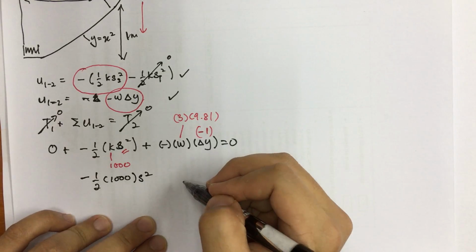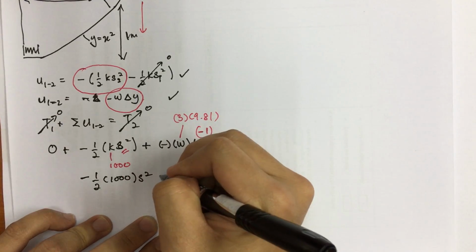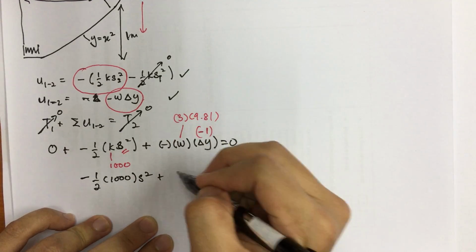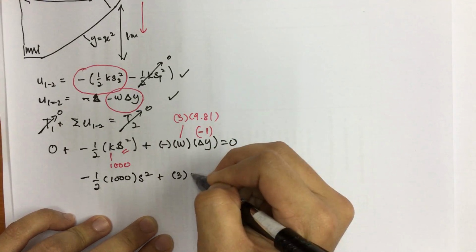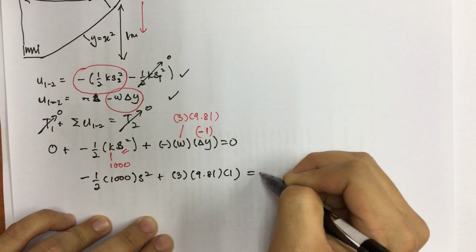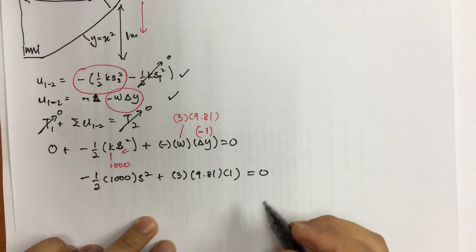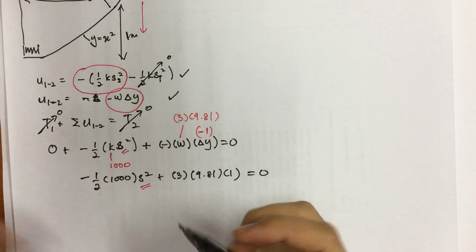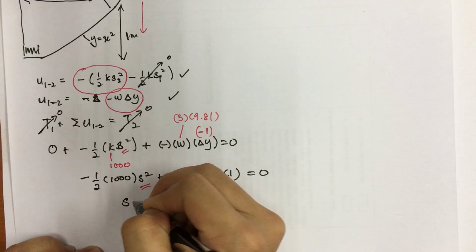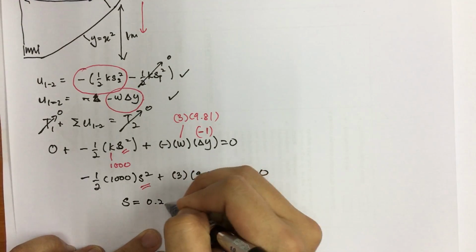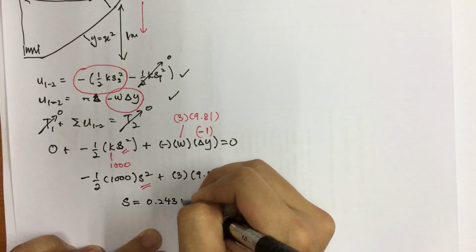This is minus and this is plus, so negative and negative will give you positive. So you have 3 times 9.81 times 1 equals 0. We solve for s over here, and you're going to get the spring compression equal to 0.243 meters.